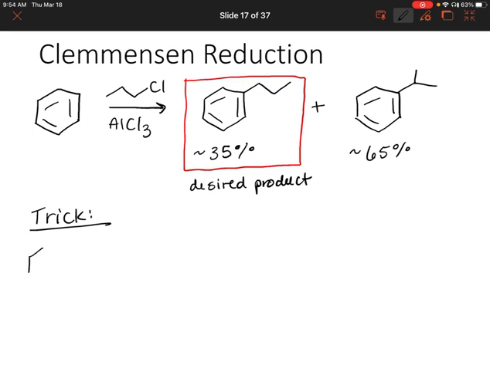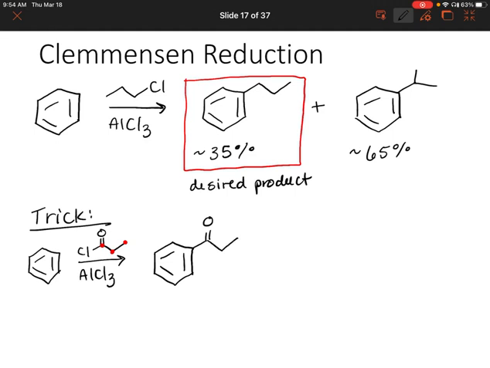So what you'll do is first you're going to add an acyl group that has 3 carbons. So let's just highlight those carbons, 1, 2, 3. All right, so we know that that is going to attach itself to the benzene ring. Still got those 3 carbons there.